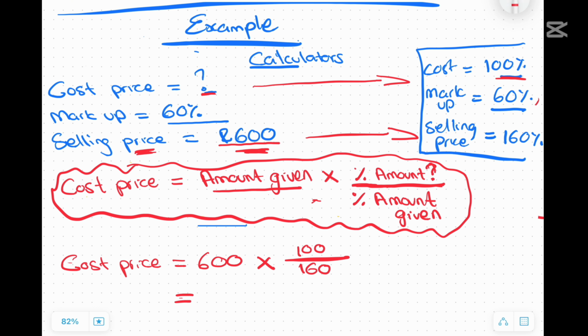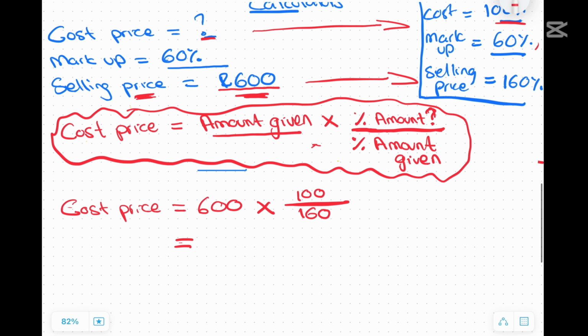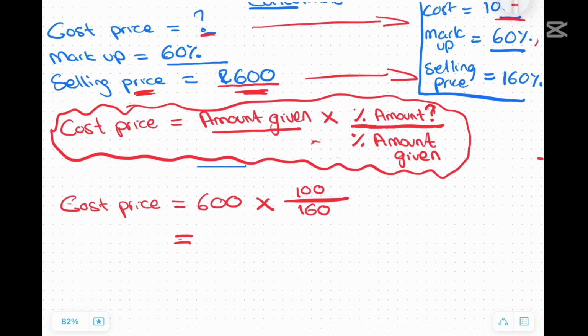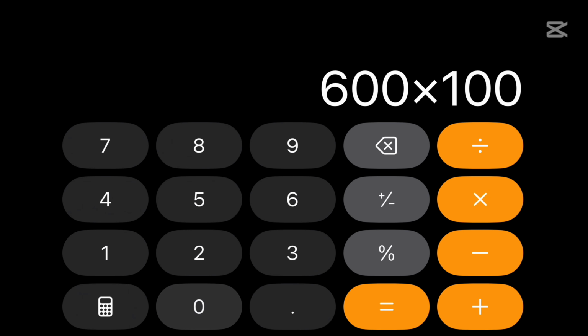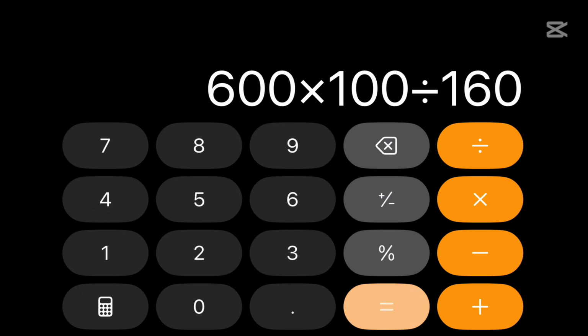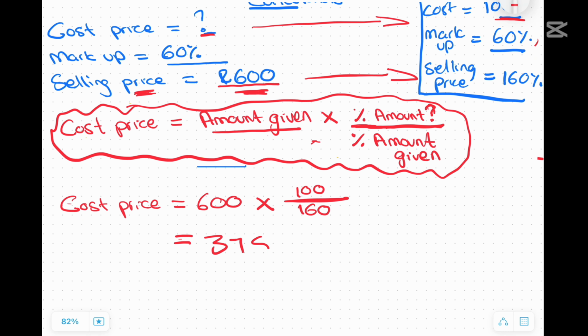So you just go into your calculator and you punch this into your calculator. So it's 600 multiplied by 100 divided by 160, right? 375. So please check it on your own calculator to see if we get the same amount. So therefore our cost price is equals to 375.